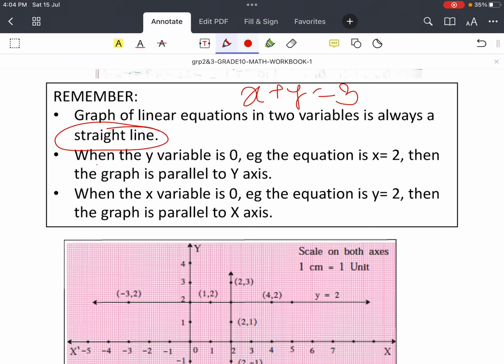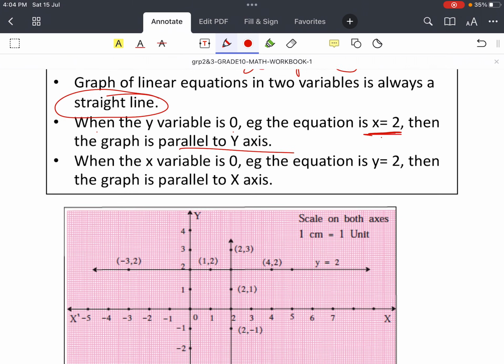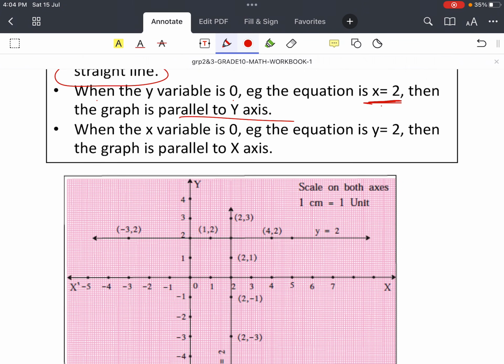When the y variable is 0, then the equation is x equal to a constant, and the graph is parallel to the y axis. Obviously the value of x is equal to 2. Suppose the coordinates are like that, 2, 0 means x is equal to 2.